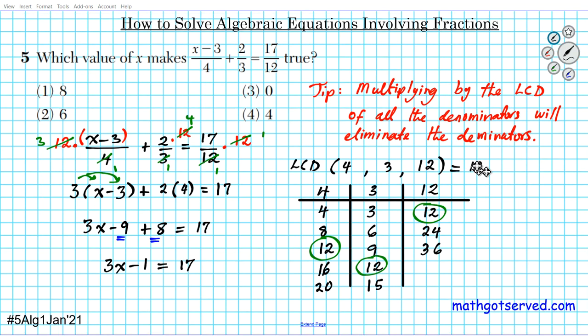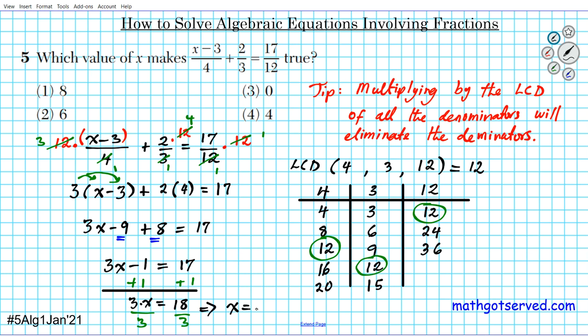If we add 1 to both sides, we have 3x equal to 18. Then we want to get rid of this 3, so to undo the multiplication, we use the inverse operation, which is dividing by 3.